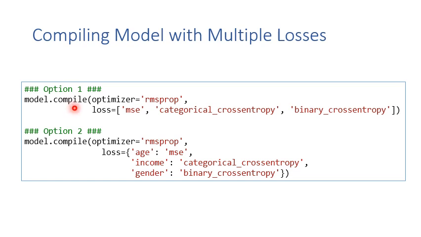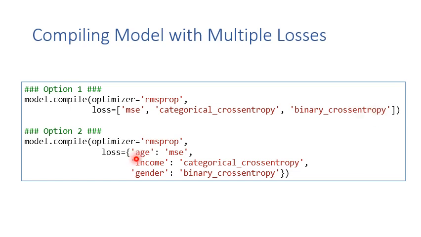So in the compile function, we pass an array of loss function names. For the age, we use MSE, mean square error. For the income, we use categorical cross entropy for the softmax. And for gender, we use binary cross entropy.